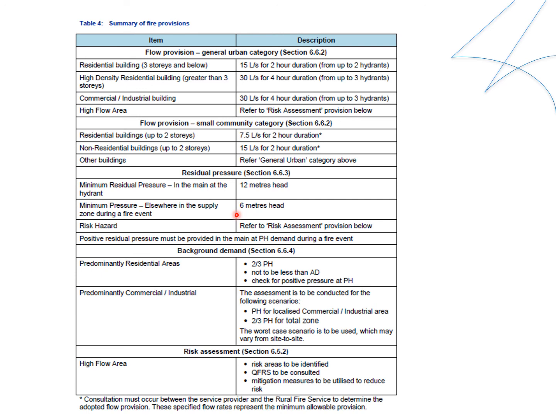We definitely need to draw the water from the system. Then in that situation, we need to check for positive pressure. What that means is, if a fire happened during the peak hourly demand, then anywhere in the system there should be no negative pressure. Okay, so during the peak hourly demand there should be no negative pressure, and during the 2/3 of the peak hourly demand, this minimum residual pressure has to be maintained everywhere in the area.